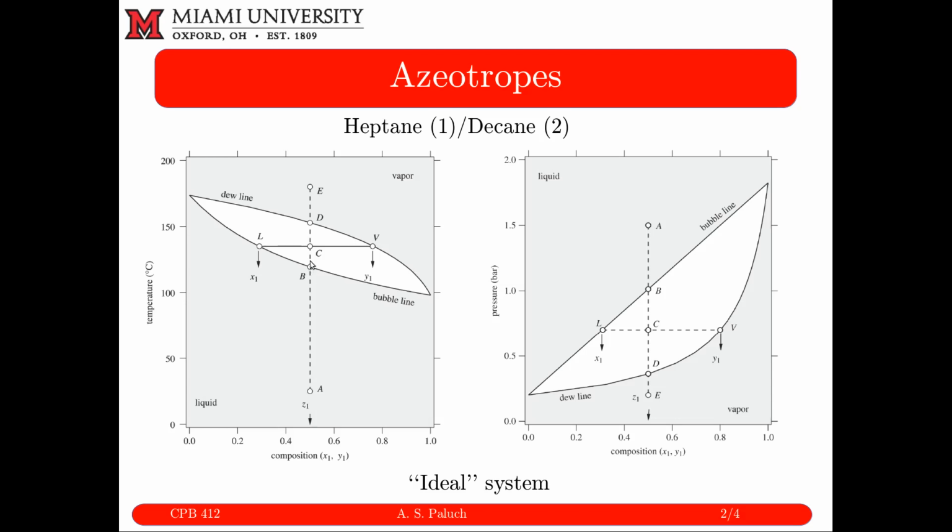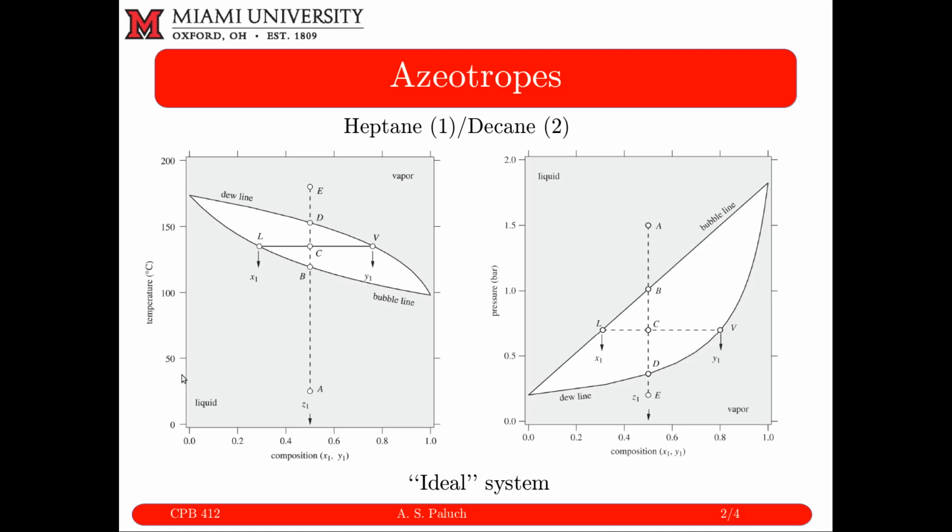And then if I continue to heat it up, it's going to continue boiling all the way until I hit my dew line, which is the point at which essentially my last liquid drop vaporizes. Okay? And so for this idealized system, or for a normal mixture, it's going to boil over a range of temperatures.